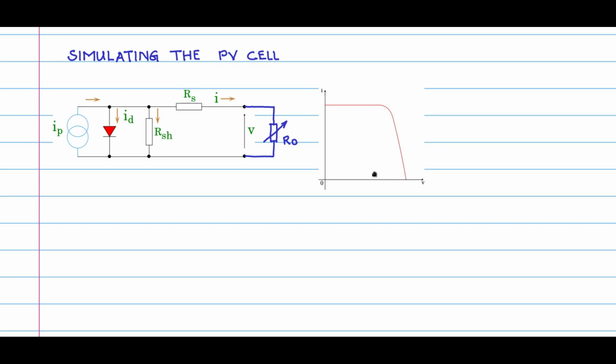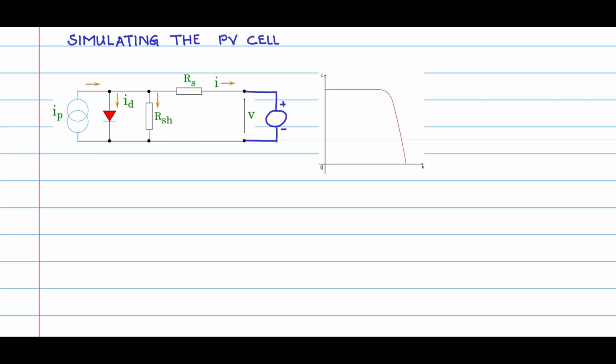Alternately, what you could also do is replace this resistance with a source. Incorporating a voltage source like this across the terminals will also provide us with this IV characteristic. However, the voltage source should have a time evolution in this manner.